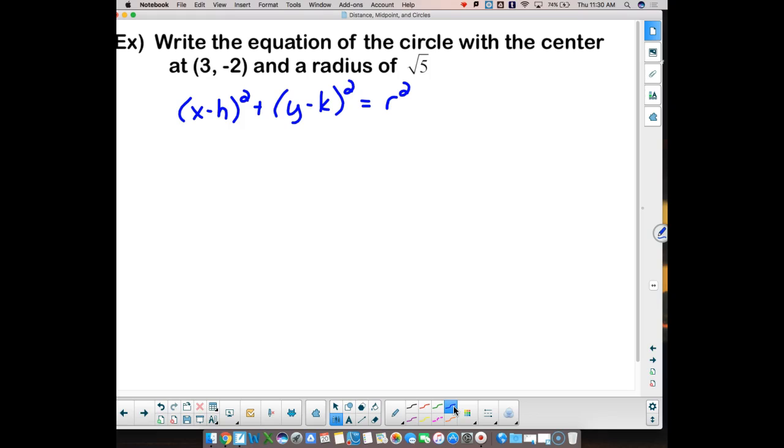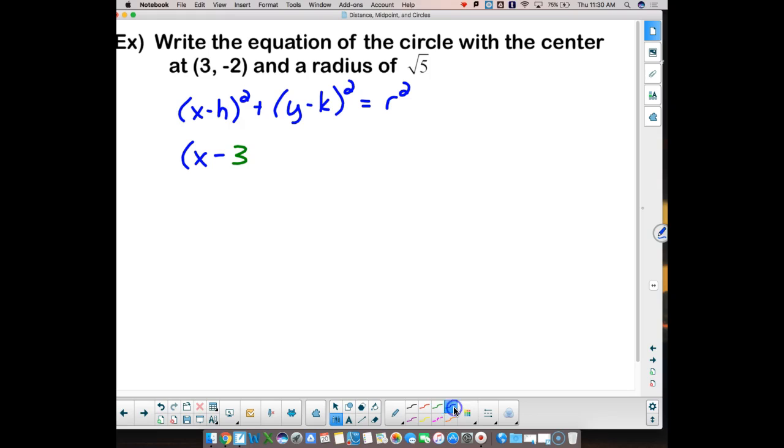What is h? H is just 3. What's k? Negative 2. And what's r? Square root of 5.